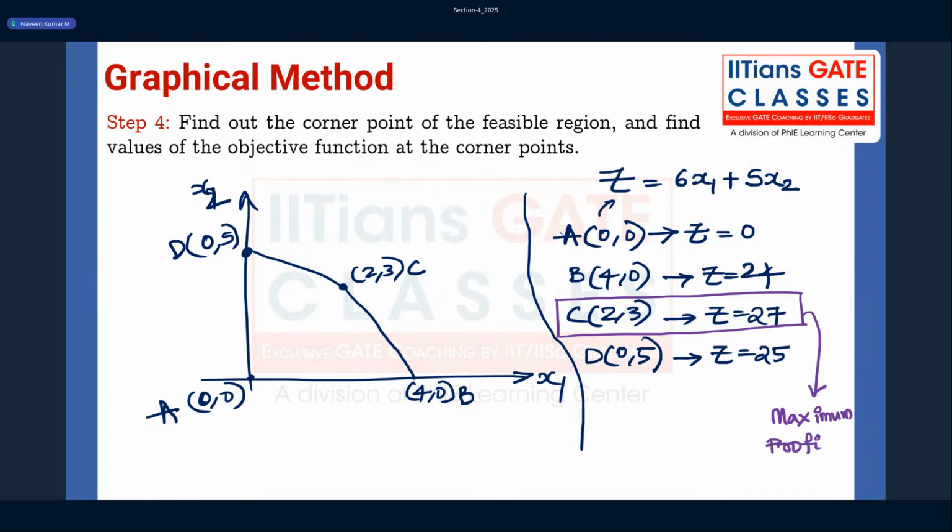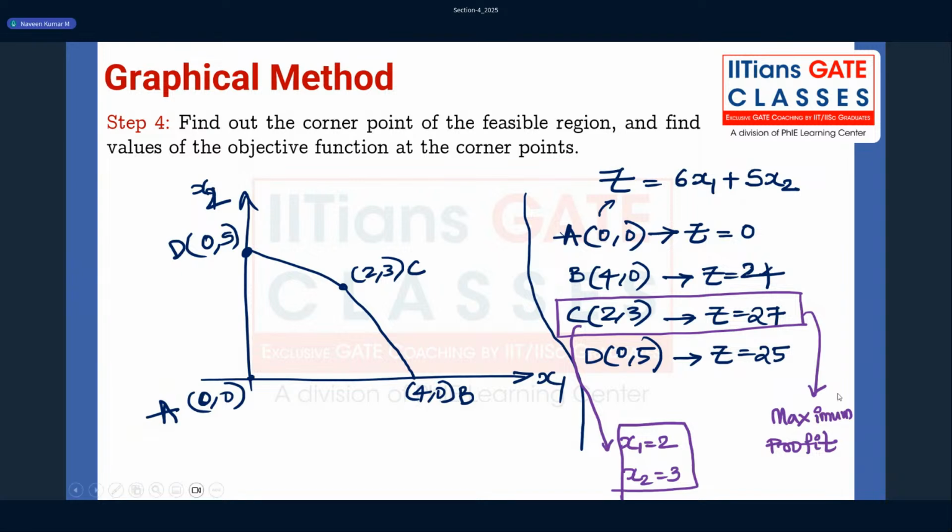Hence the point 2 comma 3 means that x1 is equal to 2 and x2 is equal to 3 is the solution for your problem. In a sense, you have to manufacture 2 A's and 3 B's to get the maximum profit. That is very important.